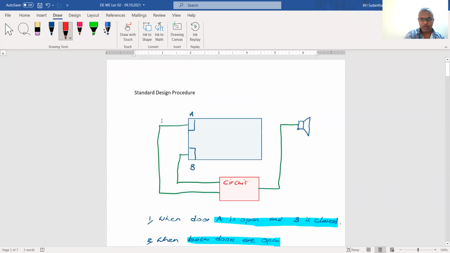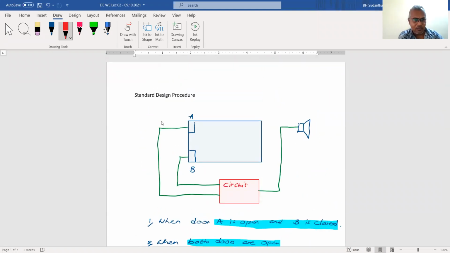But otherwise, if you have different senses, at the very beginning we have to define that 1 means open and 0 means closed. We assume the sensor is working like this: when this door sensor is fixed, it produces 1 when the door is open and 0 when the door is closed. But if you want, you can take the other way also. Then your truth table is different.